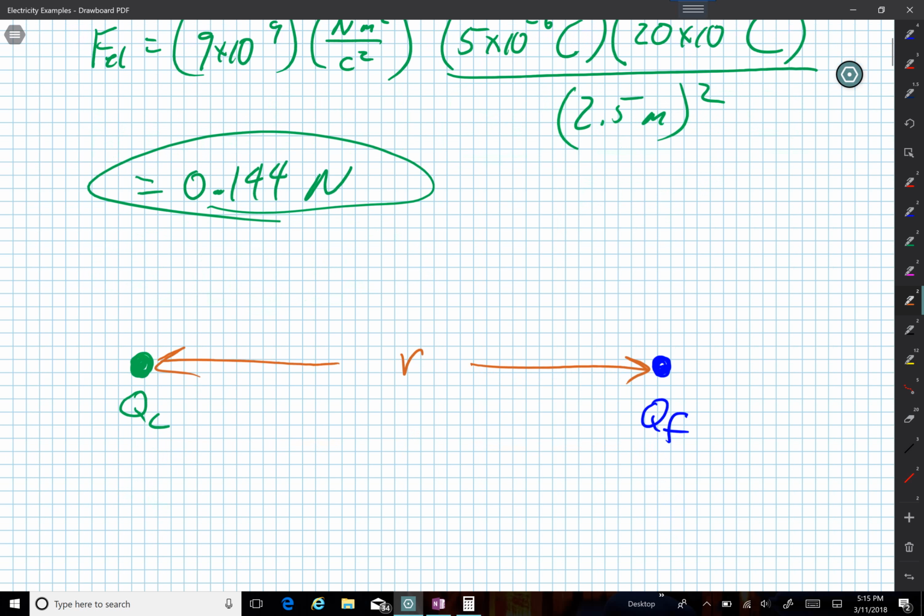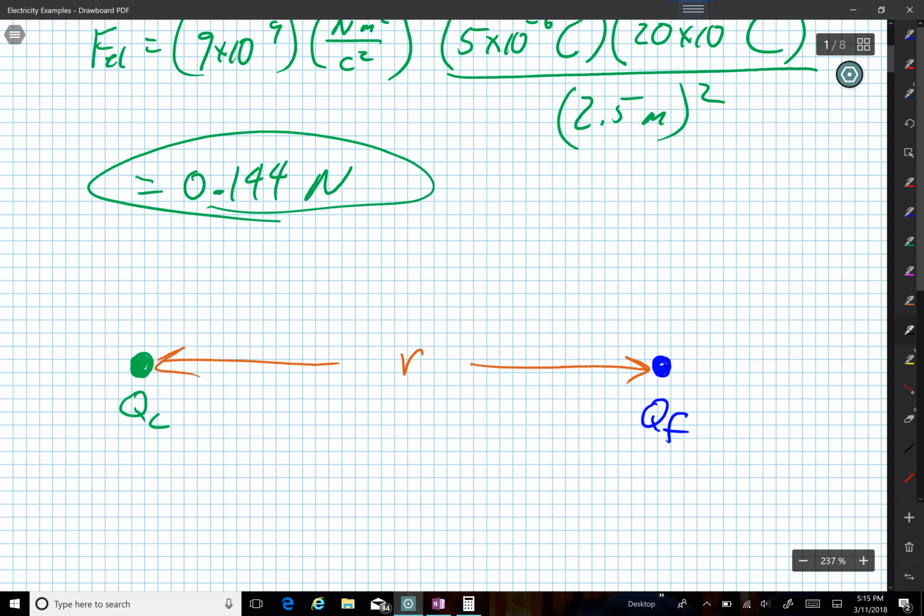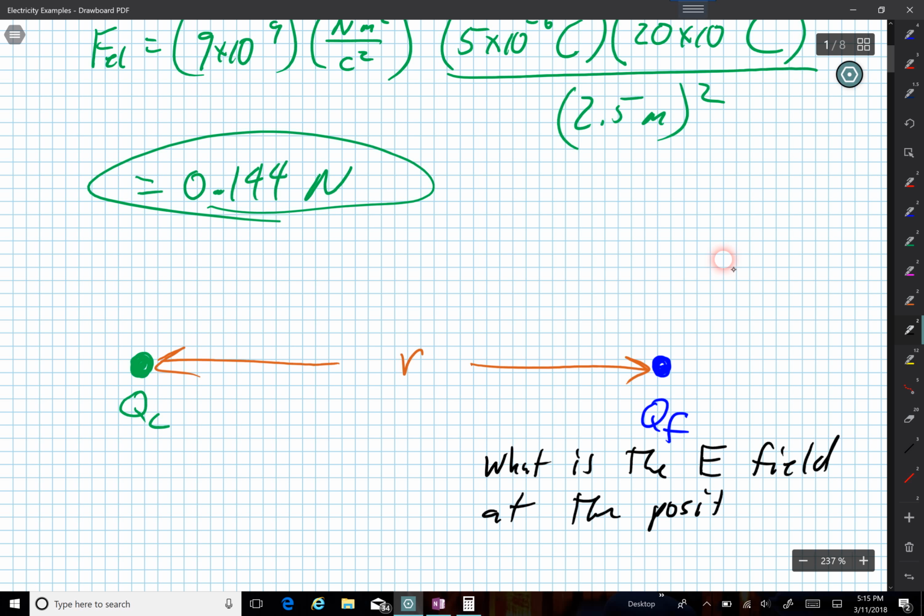And I'm going to ask the question now, what's the E field at the position of QF?